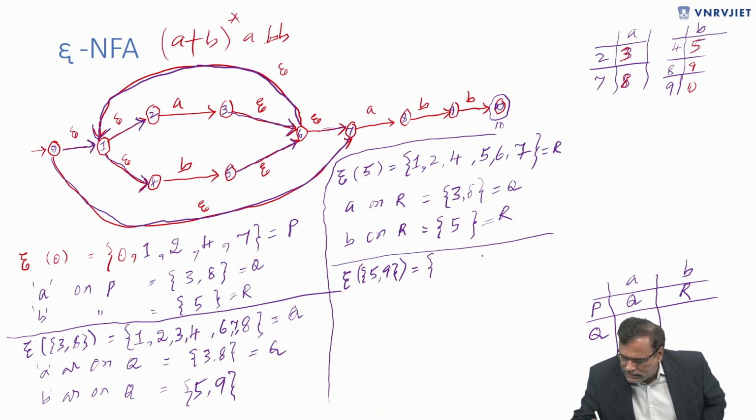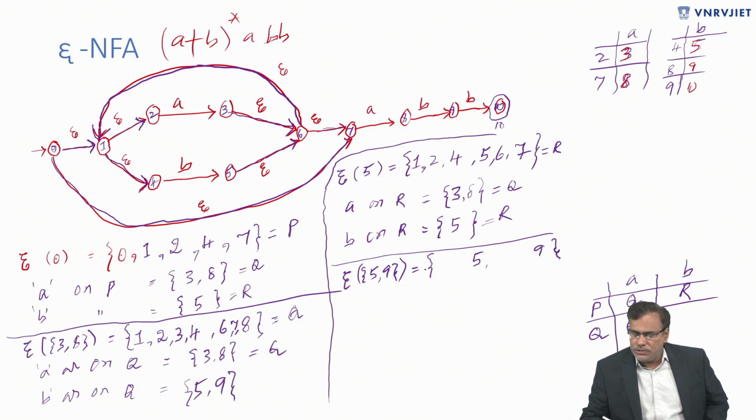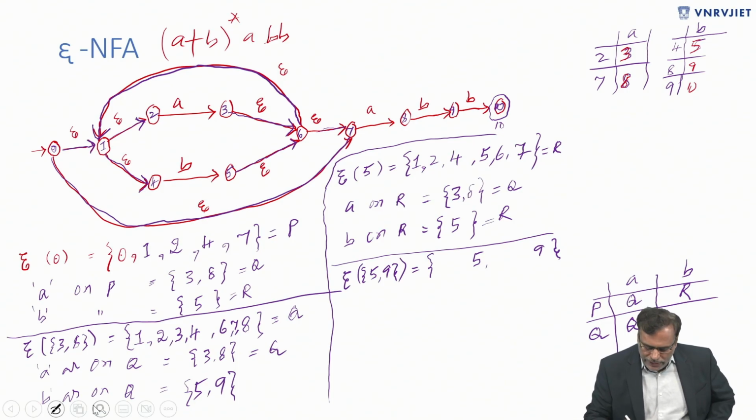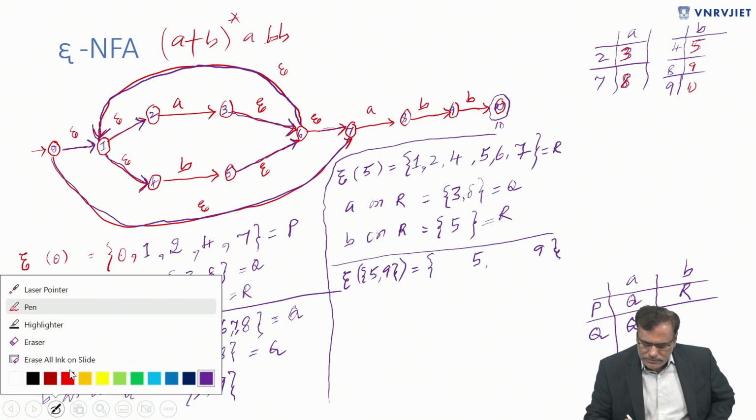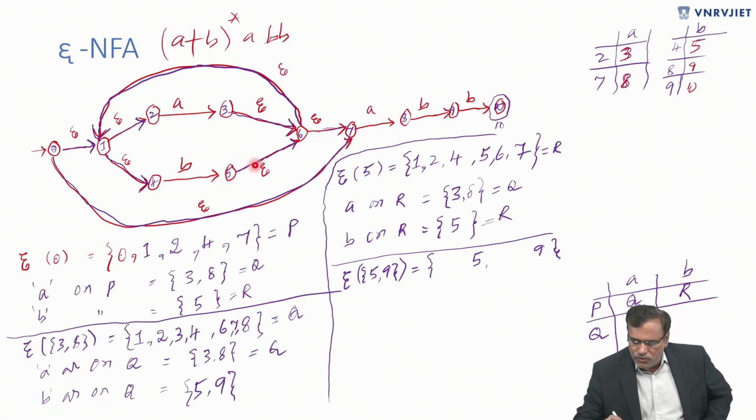First you can add this 5. After this 6, 7, 8. For that I can give some space. And also 9. Let me write 9. Before 5 also have some space. So you have 5, 9. From 5, what are the states that can be reachable? You already know 5, 6, 7, 1, 2, 4.